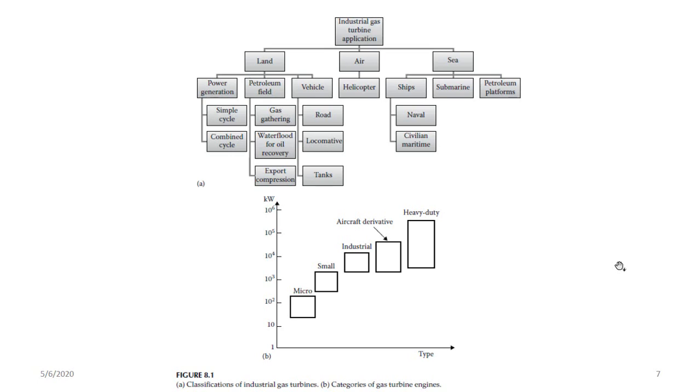Then for air application, you've got helicopters, and for sea, you've got ships, submarines, petroleum platforms, those who are in the oil business. Like if you've got an oil field in the sea, how do you extract that oil? You need an industrial gas turbine.